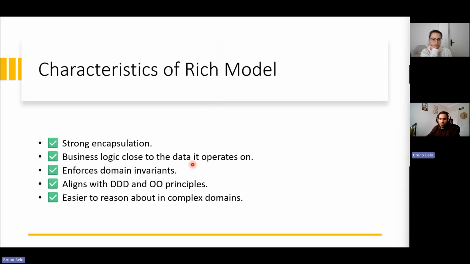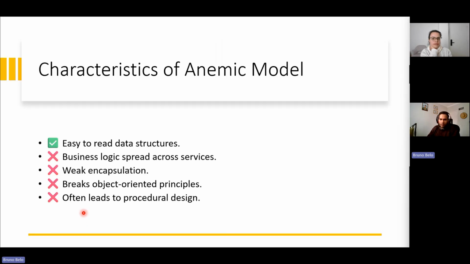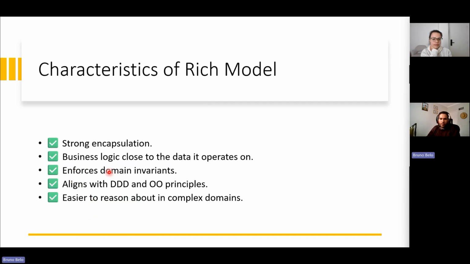The business logic is close to the data that it operates on. So it's regarding this statement here, the account knows how to manage itself. The account is independent, a strongly defined object that knows how to do stuff. It enforces domain invariants, so I can define the rules, and those rules are well defined and protected.